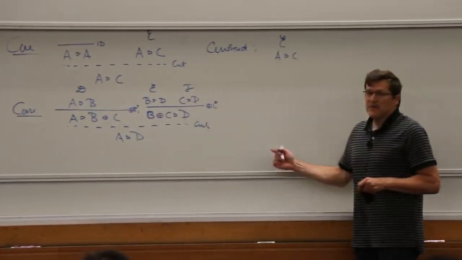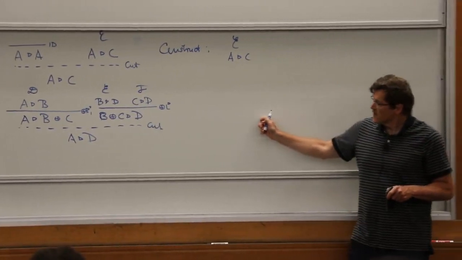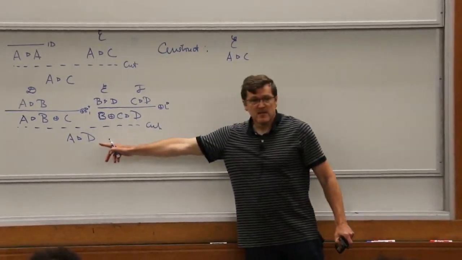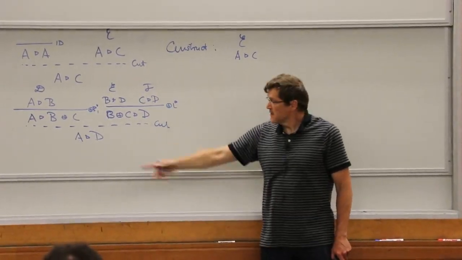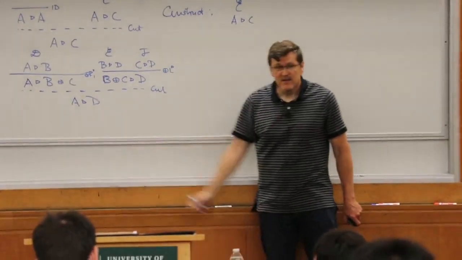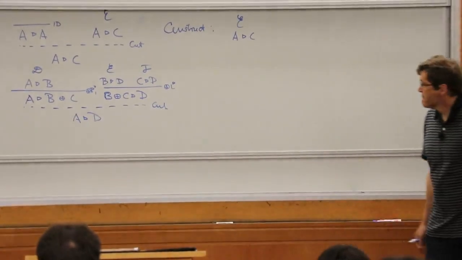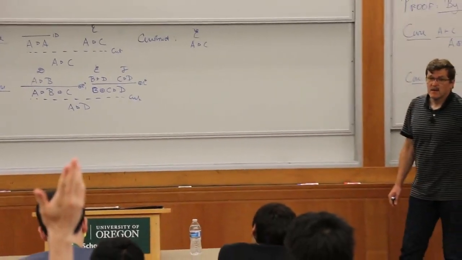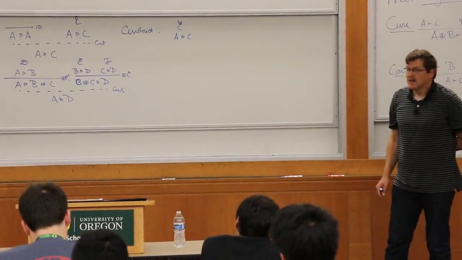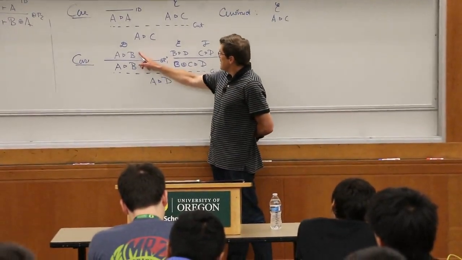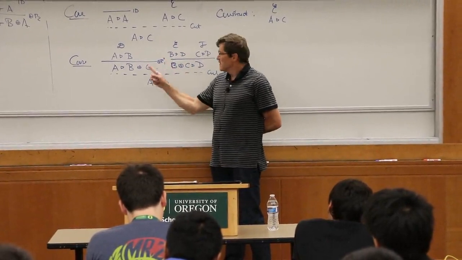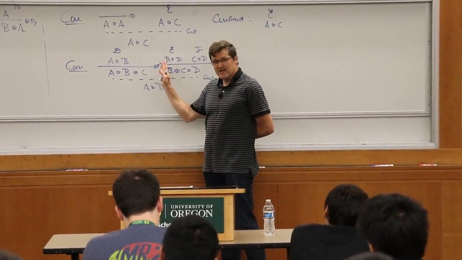So how can we apply the induction hypothesis to construct this proof of A proves D, even though we don't even know what induction we're doing? Yeah, the induction hypothesis on D and E. Presumably they're smaller proofs, so maybe it's okay.